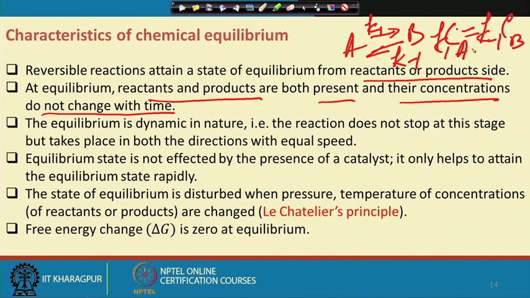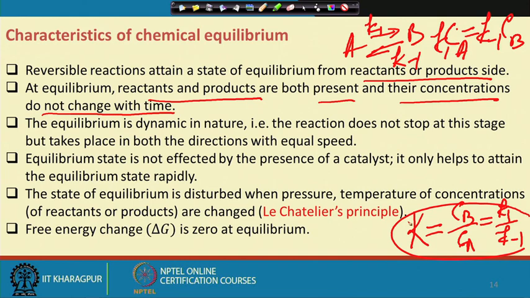At equilibrium condition, the equilibrium constant capital K is equal to Cb by Ca, or K1 by K minus 1. This is how you can calculate the equilibrium constant.